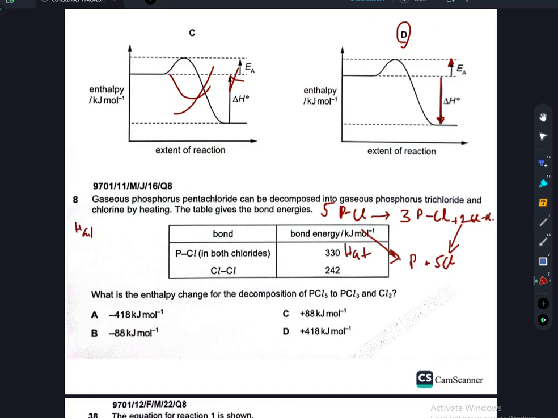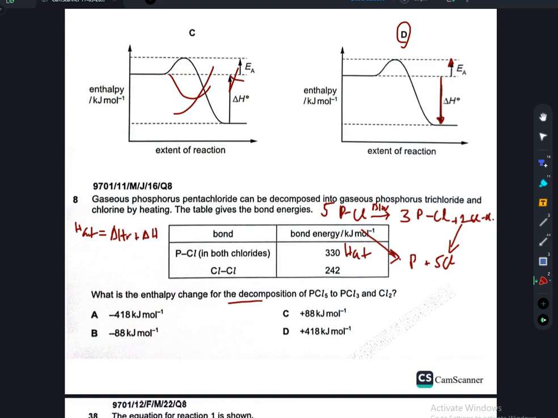So the change of atomization is equal to delta H of reaction, delta HR, the heat of reaction, or the decomposition which we obviously want here, along with delta H of, what will I call this, decomposition.